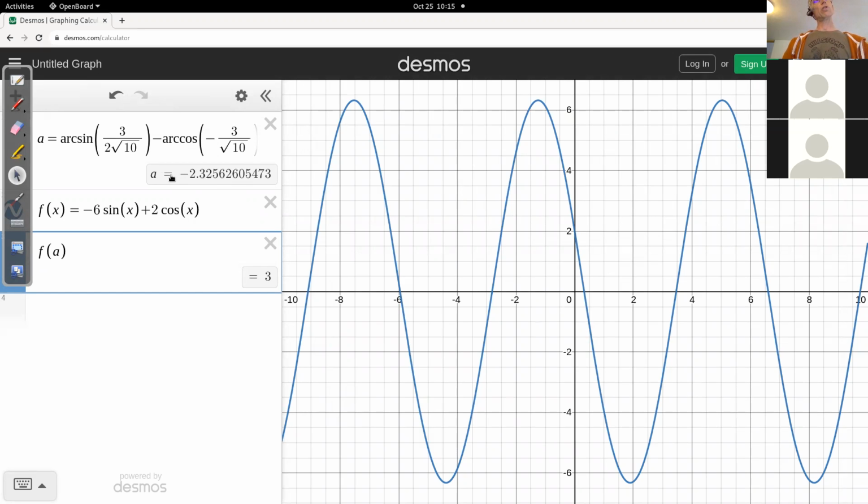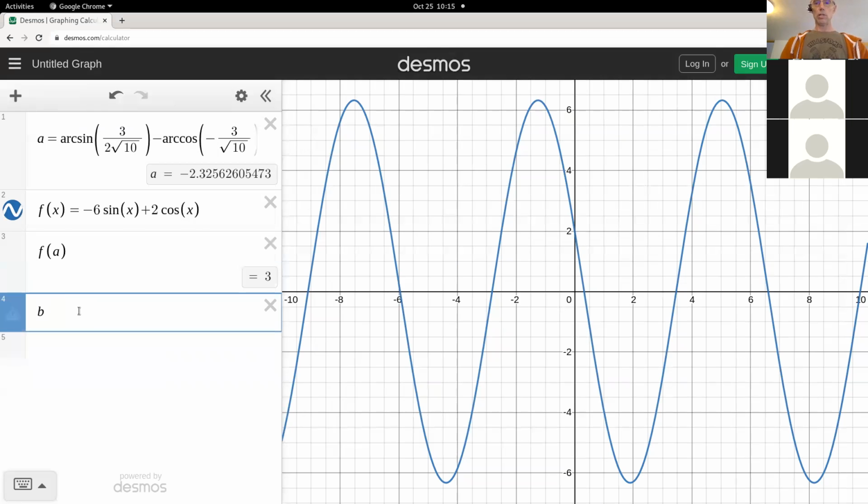So again, that's the first solution according to the arc sine and the arc cosine, but it's not the first positive solution. So the solution I want, I'll call that one B, would be that one plus 2 pi. So that should be the first positive one.